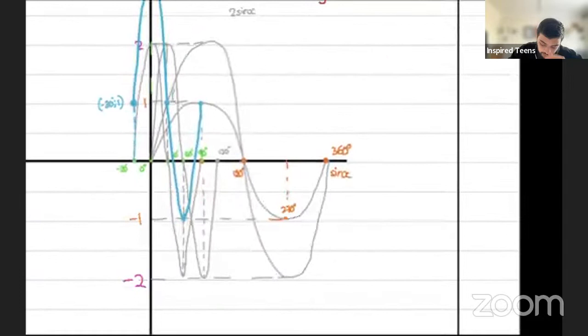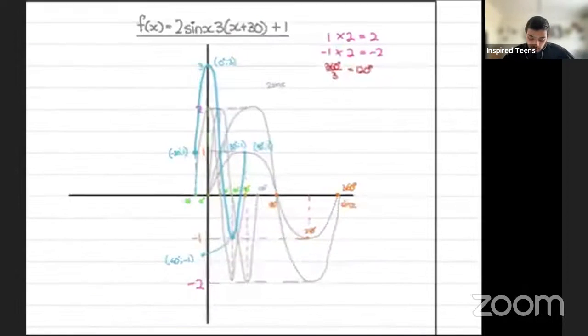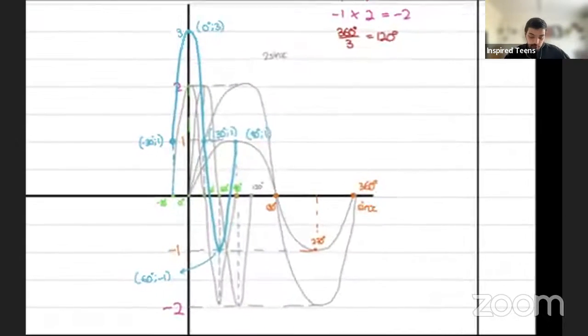This coordinate here is +30 and 1. This coordinate here is 60 and -1. And this coordinate here, this last one, is 90 and +1. Okay, so yes, shifting 1 unit up, you're literally just going to shift each and every single coordinate. Again, we only care about turning points, x-intercepts. You're going to shift each of them 1 unit up. Okay, cool. I know that was a bit of a long, tedious process, but I hope that made sense, right?